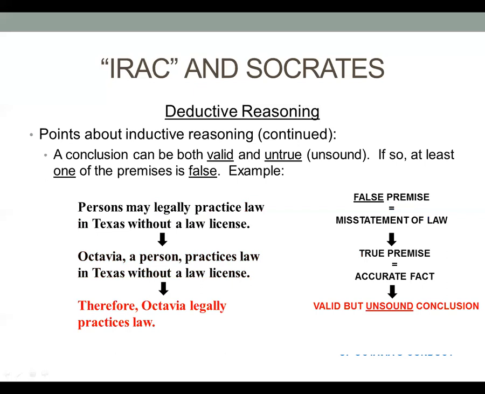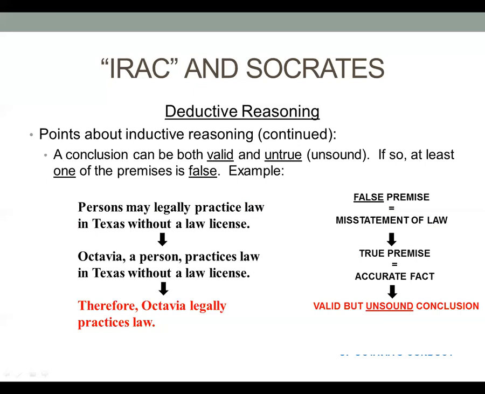Well, it's a valid logical conclusion, because if persons may legally practice law in Texas without a law license, and if Octavia practices law in Texas without a law license, then logically it would be true that her practice of law is legal. But the problem is this conclusion is unsound.